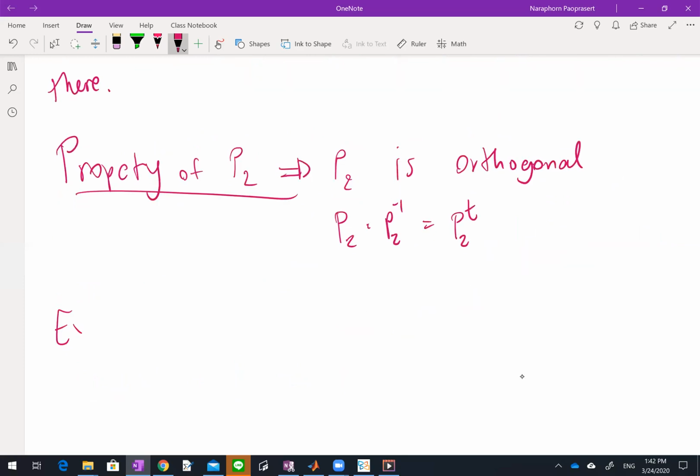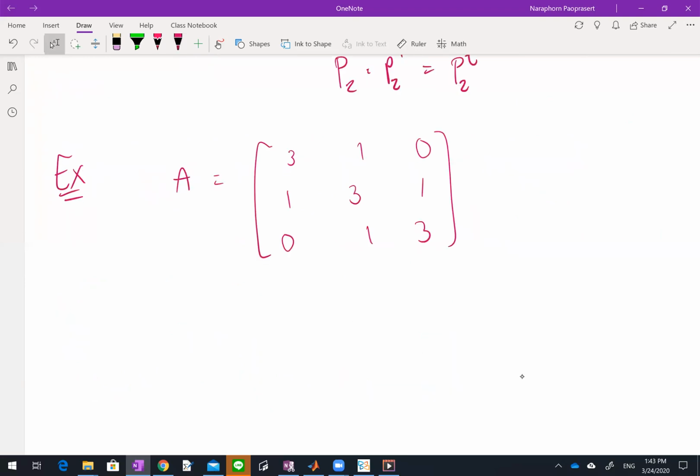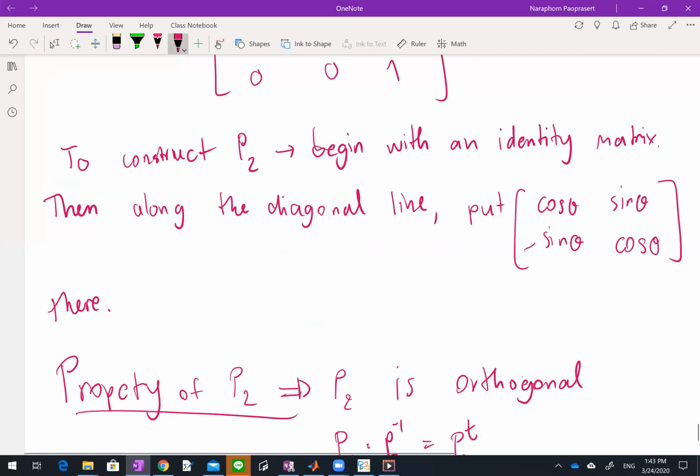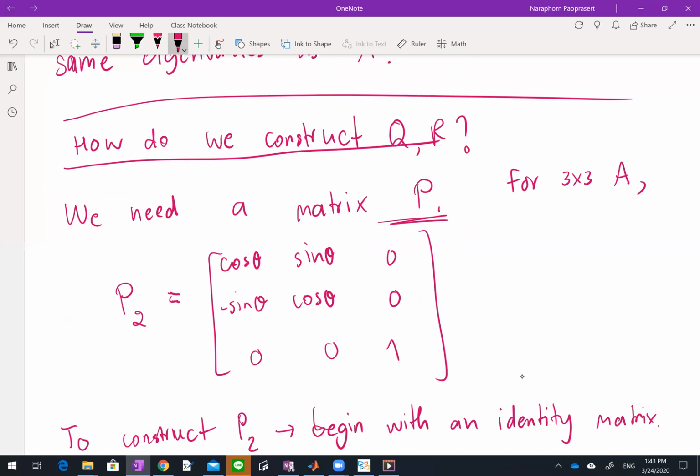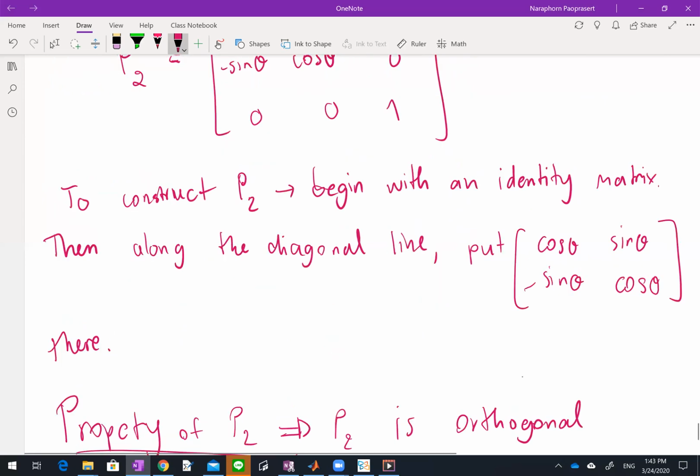Let's see, for example, if you have a 3 by 3 matrix A: 3, 1, 0, 1, 3, 1, 0, 1, 3. You have something like that. Step 1, P2 times A. The purpose of P2 though, we need to have a matrix P, right? P is gonna be used to construct R and Q. So let's see how we do it.